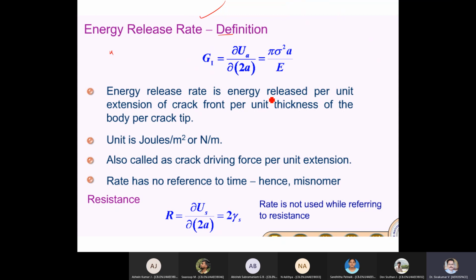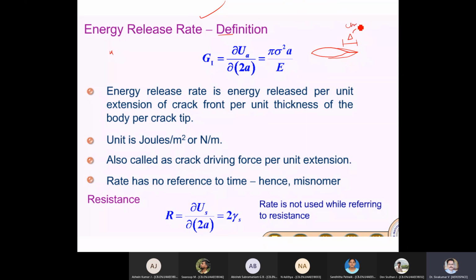This is the initial crack, then the crack is further increasing. Energy release rate is energy released per unit extension.